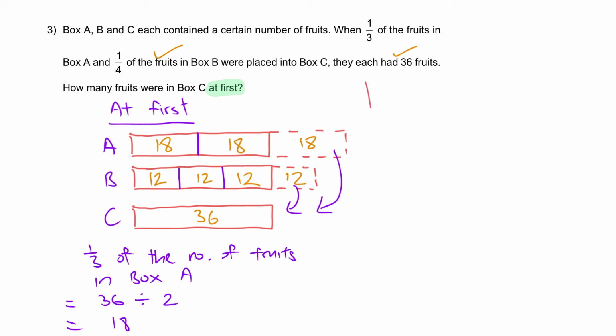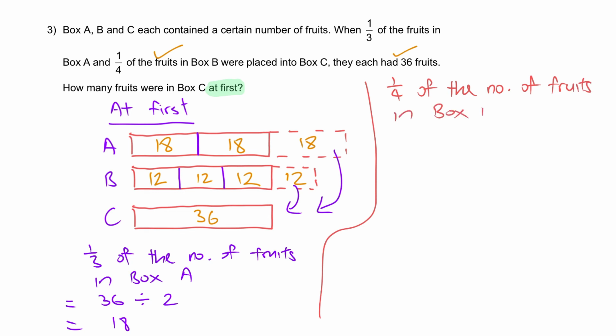Second step, probably you can write it here. A quarter of the number of fruits, let's be clear, it's talking about the number of fruits in box B. 36 divided by 3 to get 12.